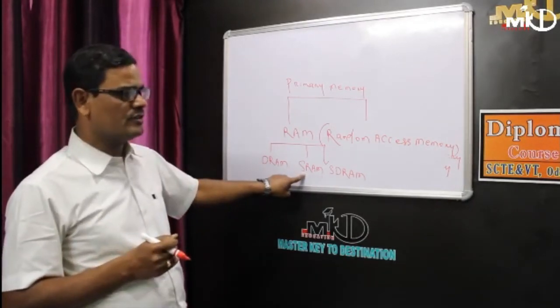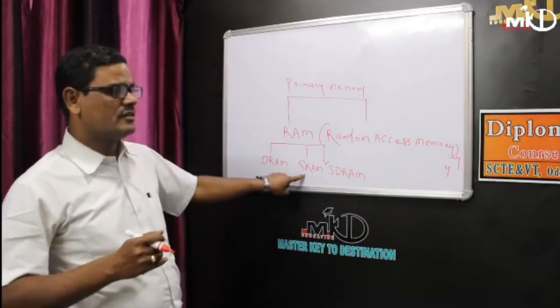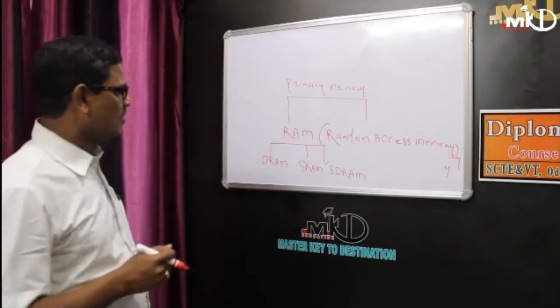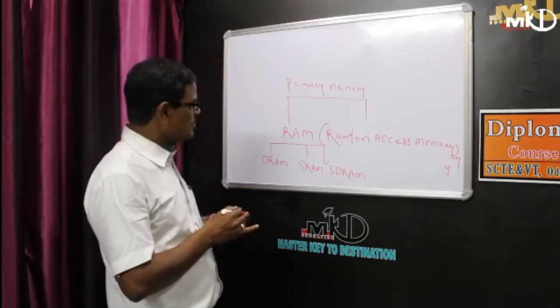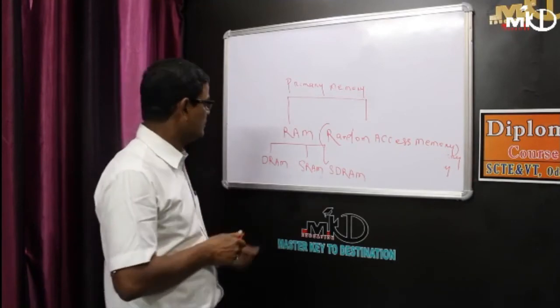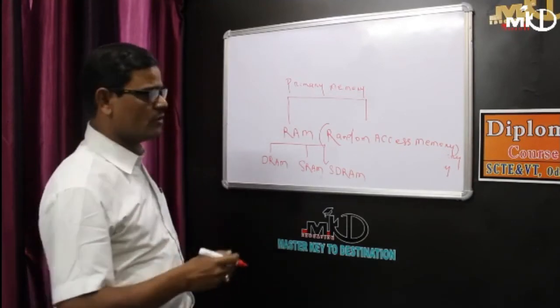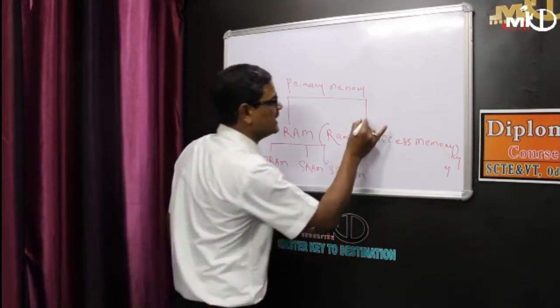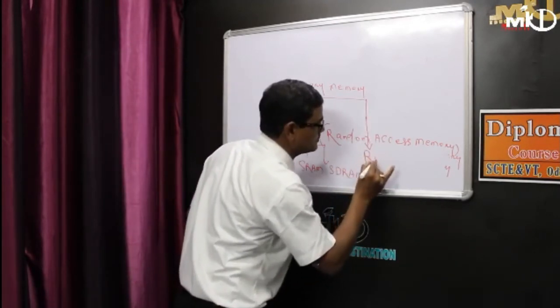SRAM stands for synchronous dynamic random access memory. And apart from DRAM, HDRAM and SRAM, some other memory used by the computer is ROM.